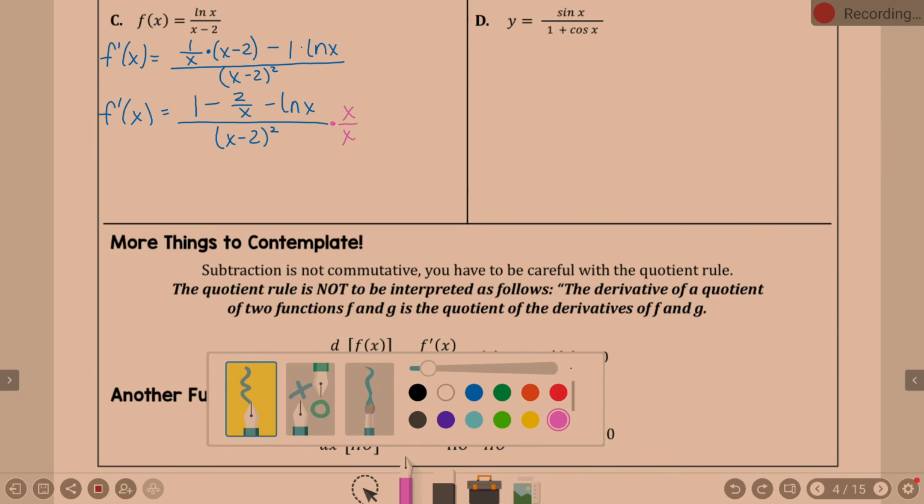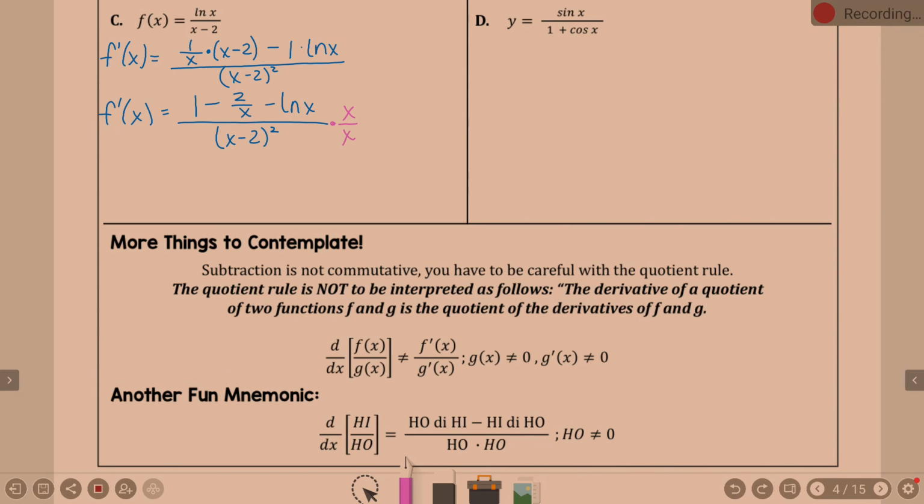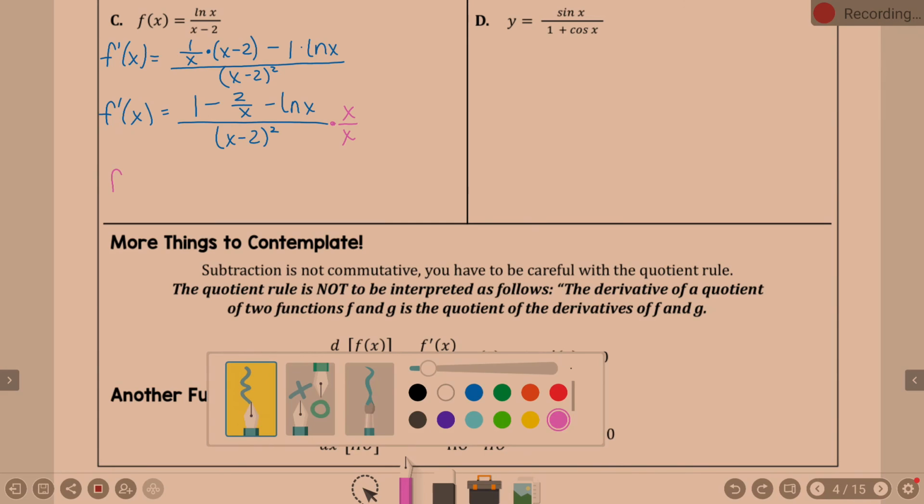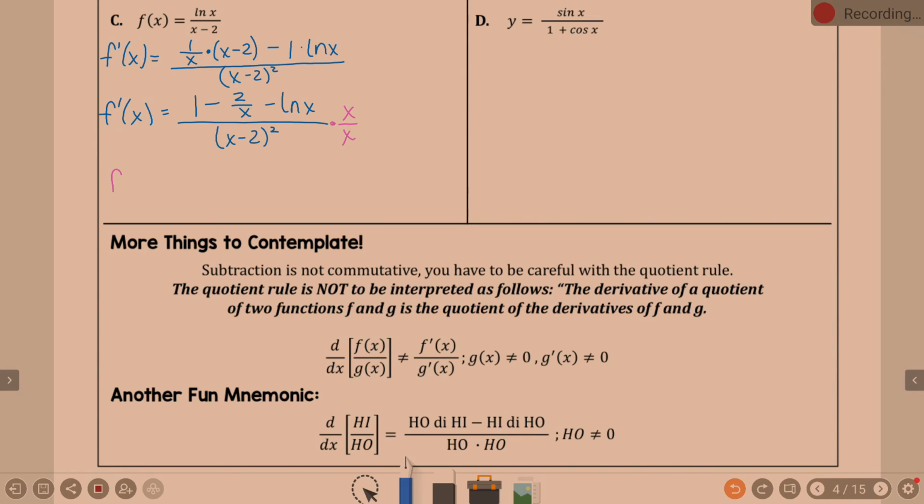And what it does is cleans this up a little bit, gives it a little bit nicer look. Now you have to distribute the x everywhere, right? So on top, x times each of those 3 terms.